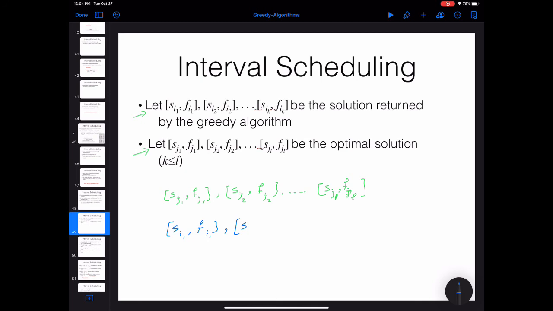Assume that I have sorted the jobs, both optimal and the greedy, based on their finish time.